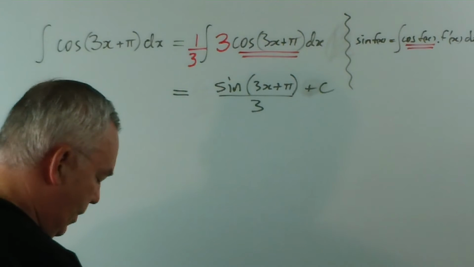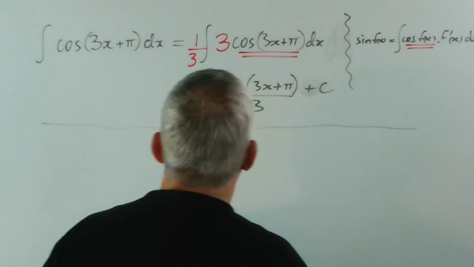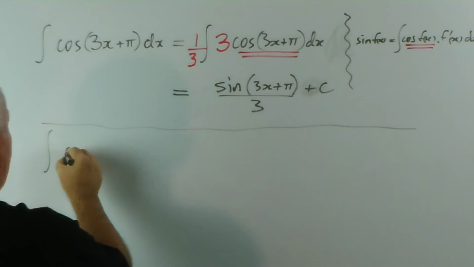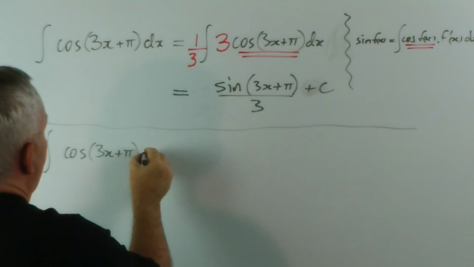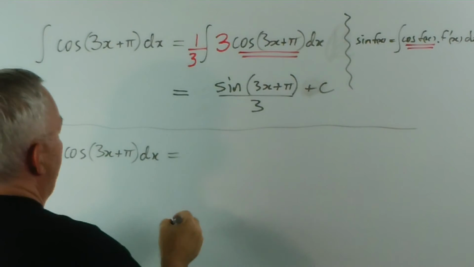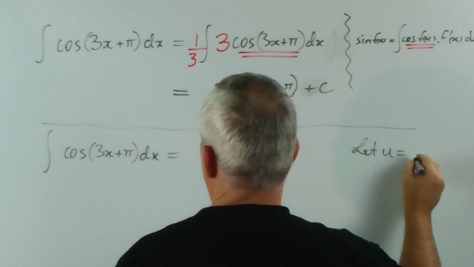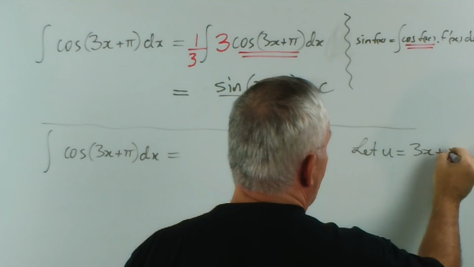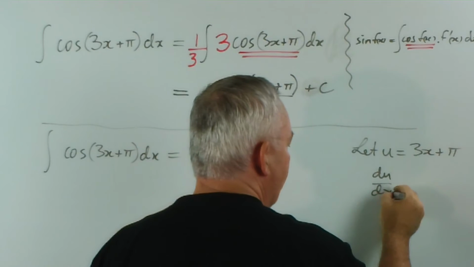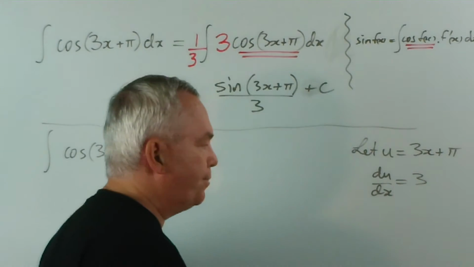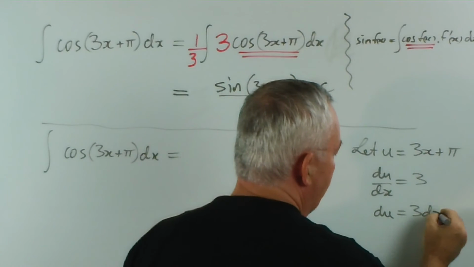Now, I think we will substitute as well. So, same integral, cos 3x plus pi dx equals, we let u equal 3x plus pi, which means that du dx equals 3, which means that du is 3 dx.